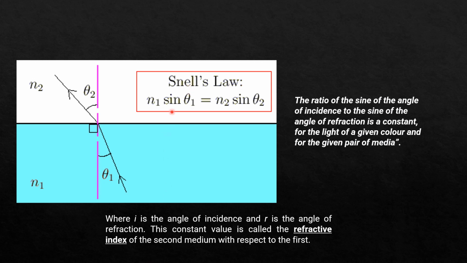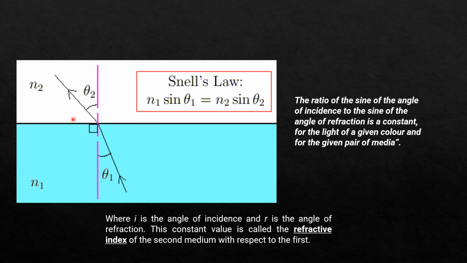See Snell's law. What is Snell's law? The ratio of the sine of the angle of incidence. This is the angle of incidence and this is the angle of refraction. Here it is mentioned as theta 2 and this is theta 1. So Snell's law is n1 sin theta 1 equals n2 sin theta 2.